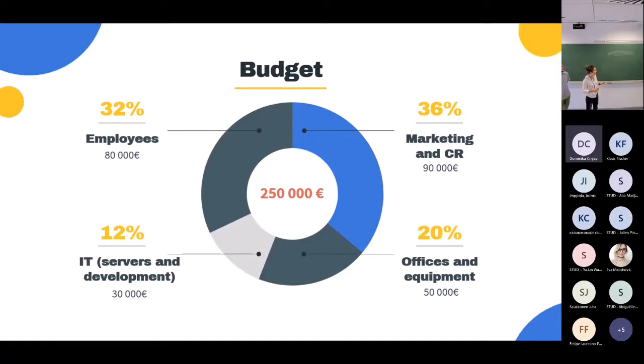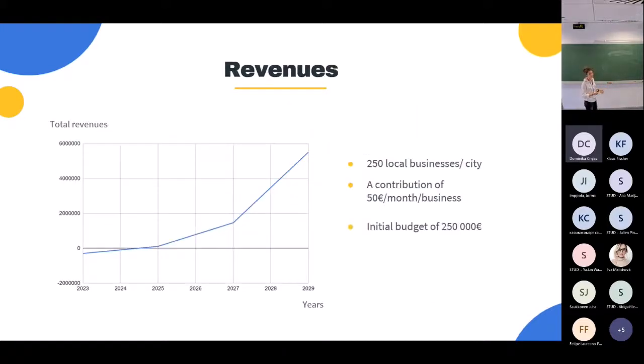Then we have the employees, mainly the local representatives, one per city in our estimation. Then we have the IT, so the servers and development tools, and finally the office and the equipment, which are obviously needed for any company.